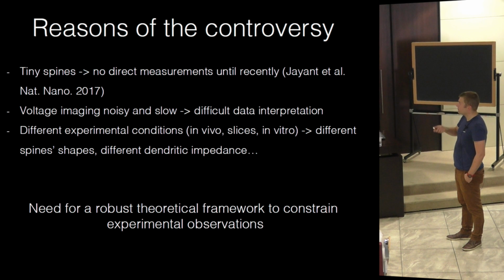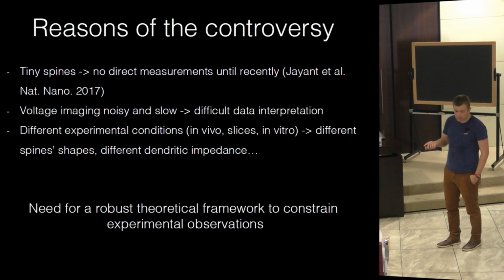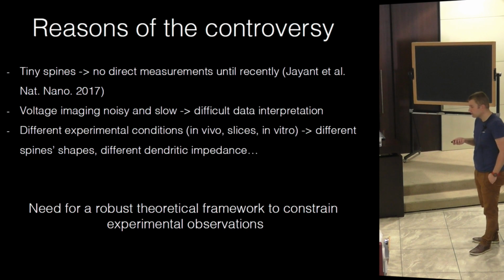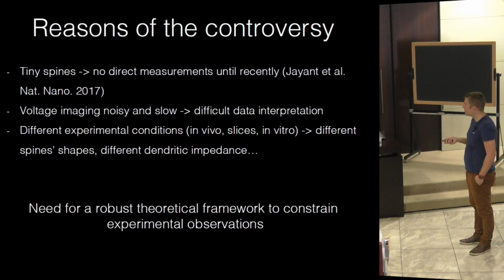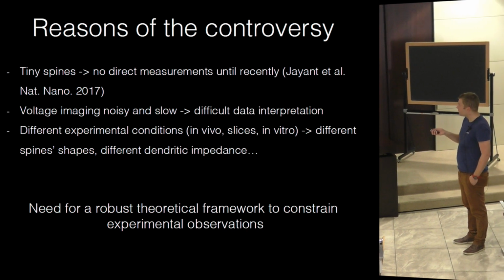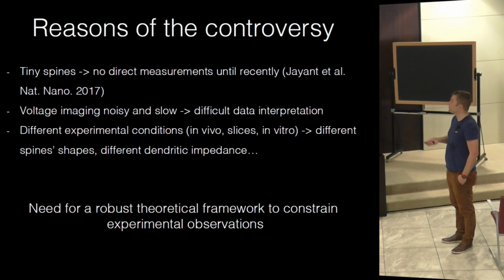And depending on the deconvolution method or the dye you use to measure your voltage, you're going to obtain very different information. Also, people are using different experimental conditions, different animals, and different types of experiment: in vivo, in vitro, in slice, at different ages. So it's really hard to compare.